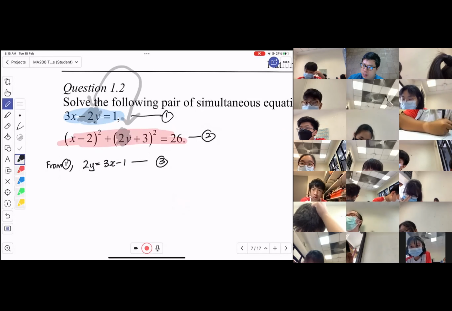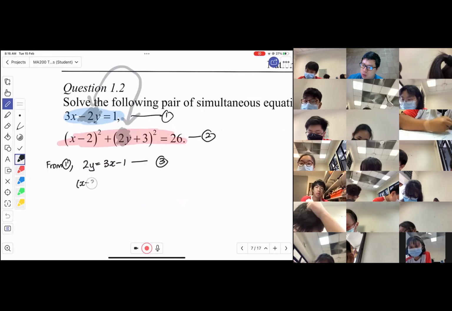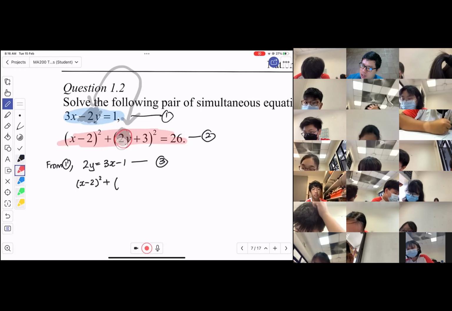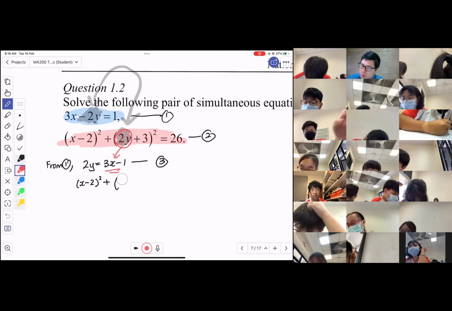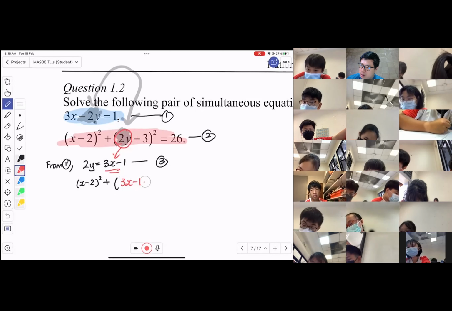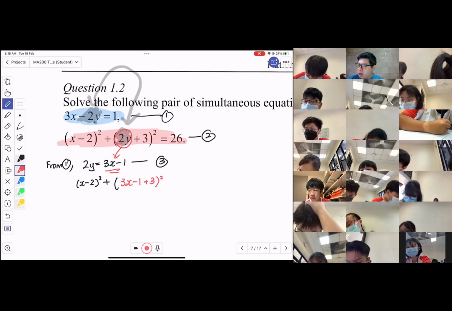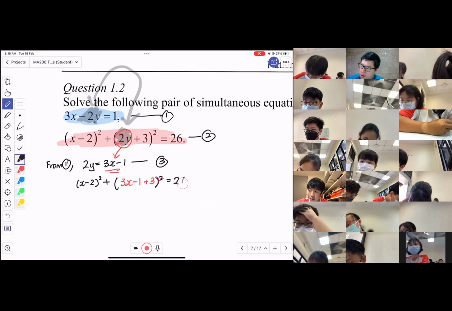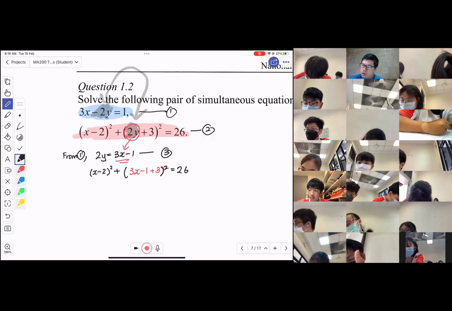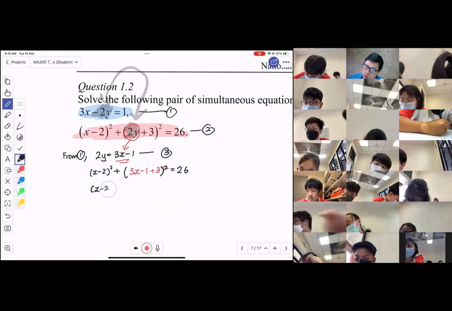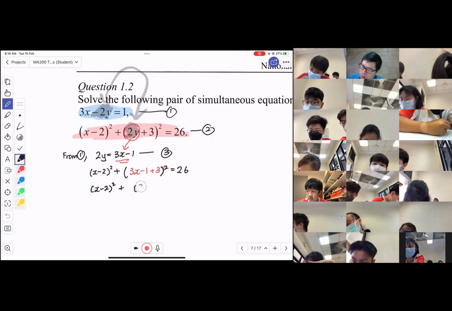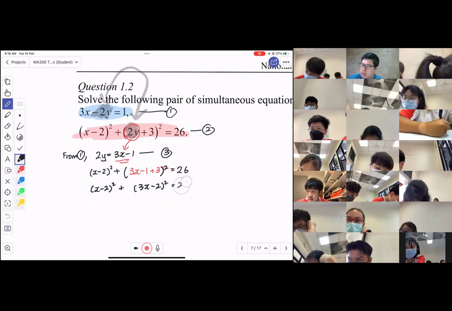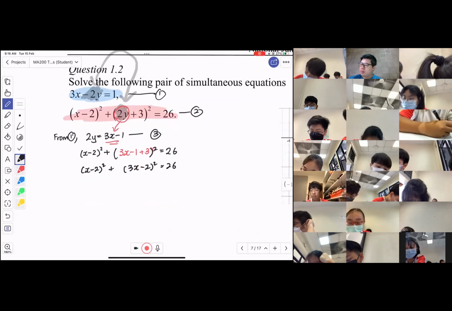So I will have (x minus 2) square plus, now this whole thing is going to pass away because of this, (3x minus 1 plus 3) square equals 26, which eventually gives me (x minus 2) square plus (3x minus 1 plus 3 is... ) 3x plus 2 square equals 26.